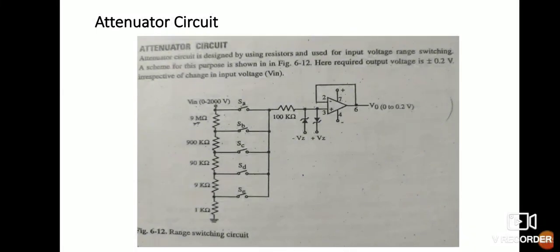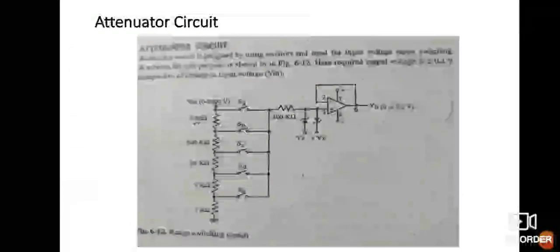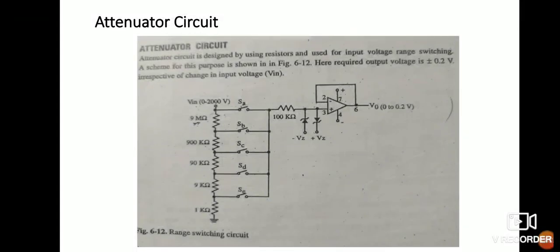The circuit at the output is nothing but a voltage follower. If you observe carefully, it looks like a voltage follower circuit. Whatever voltage you apply at the non-inverting terminal of this op amp, it follows as it is. So V0 should be 0.2 volt and Vin is 2000 volt.